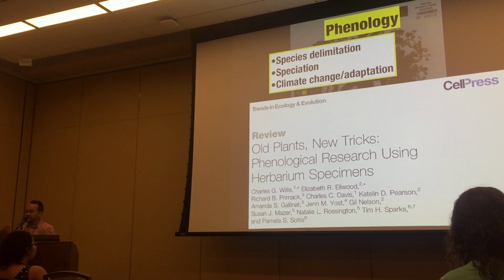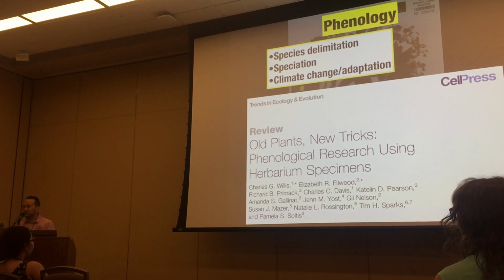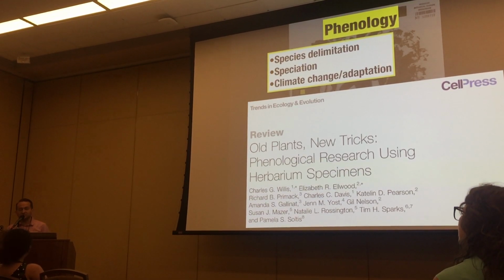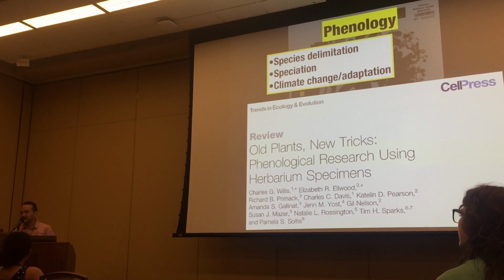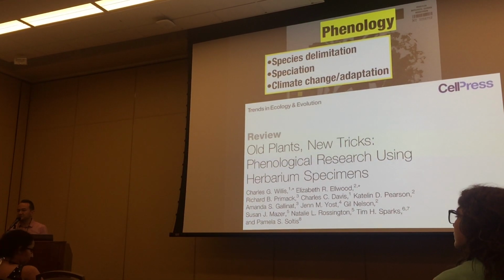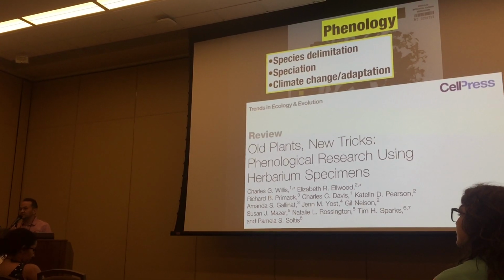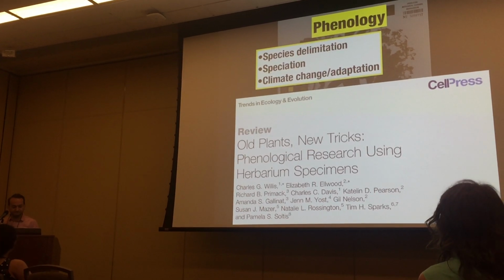We can make inferences about speciation and speciation mechanisms and reproductive isolation. We have heard a couple of talks here already from people doing this, and there has been some excitement lately on using digitized herbarium specimens in studies of climate change and adaptation and responses of plants to climate change, looking at historical phenology.